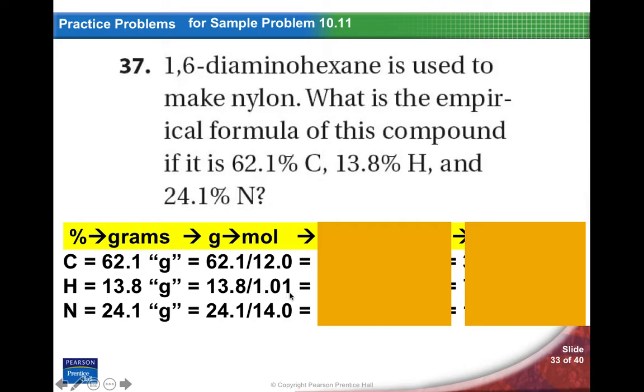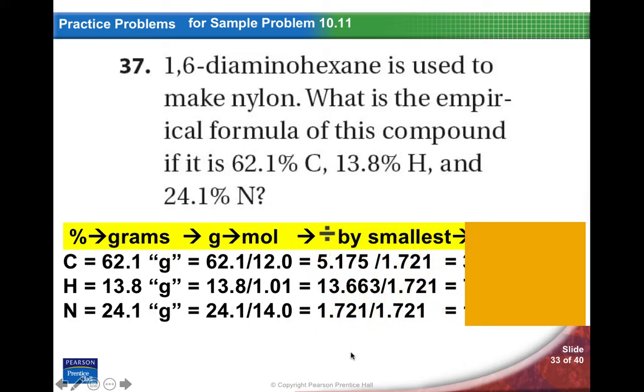Hydrogen is 1.01 grams per mole, so dividing by a number is the same as multiplying by the inverse. 24.1 divided by 14. Once you've got moles, you're going to divide everybody by the smallest number. So it turns out you have the fewest number of moles of nitrogen, right? We can't put a number like 13.663 for a subscript.